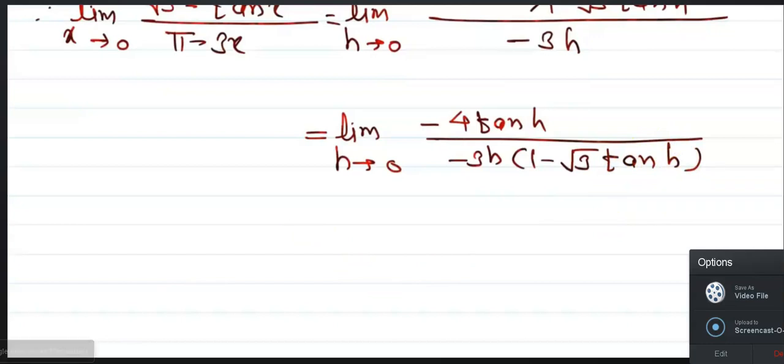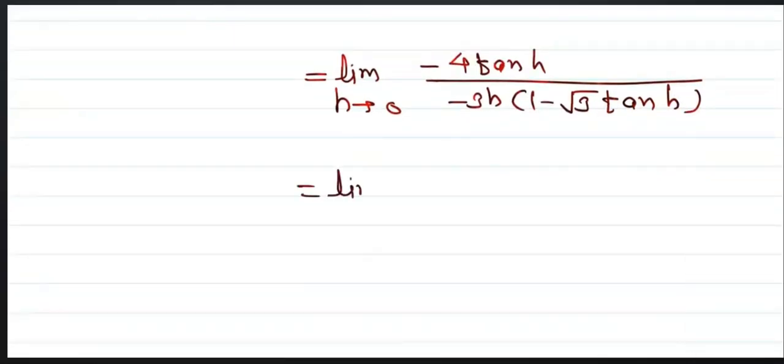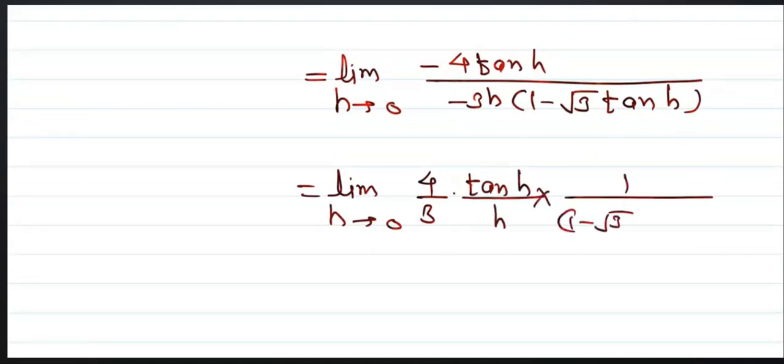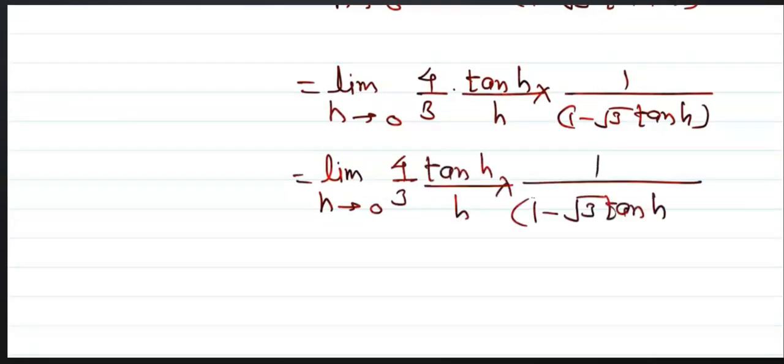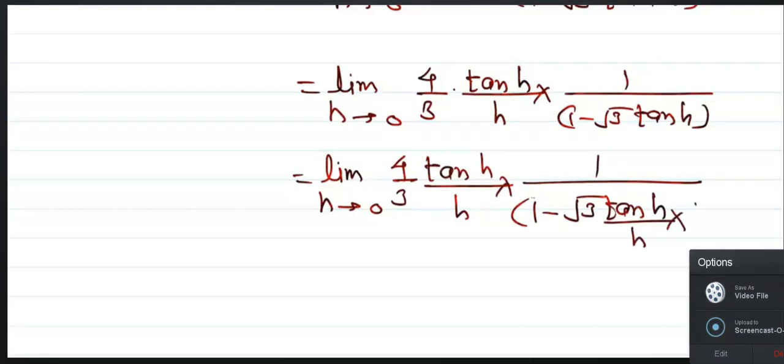Now see this again here. That is, limit h tends to 0 of 4 upon 3, tan h upon h, into (1 minus root 3 tan h). This is important.